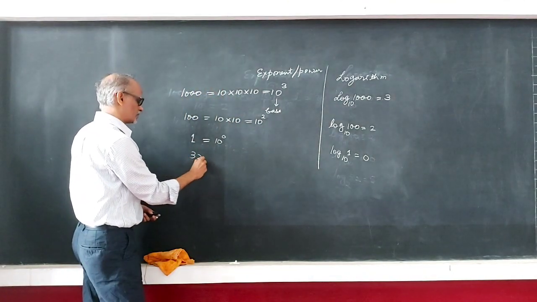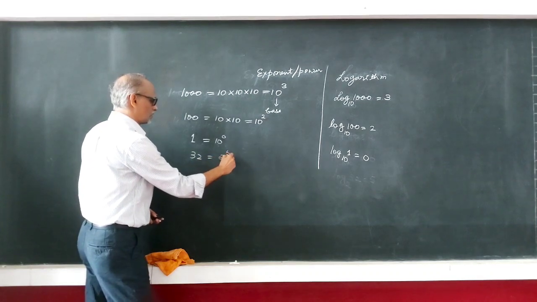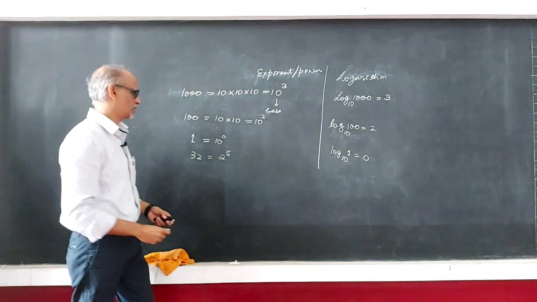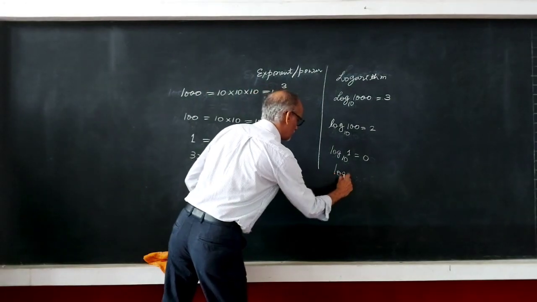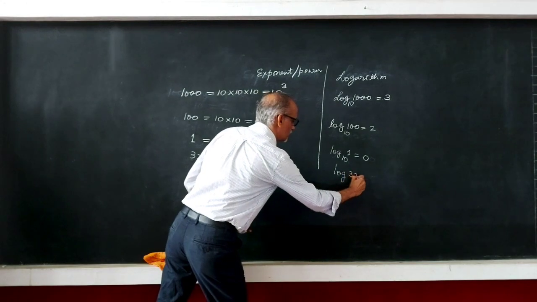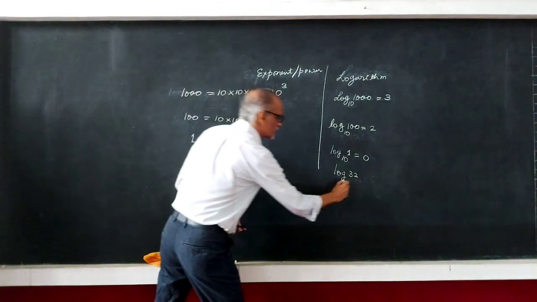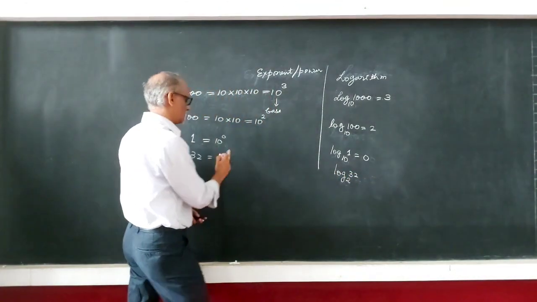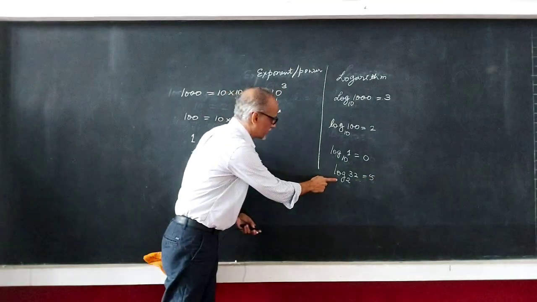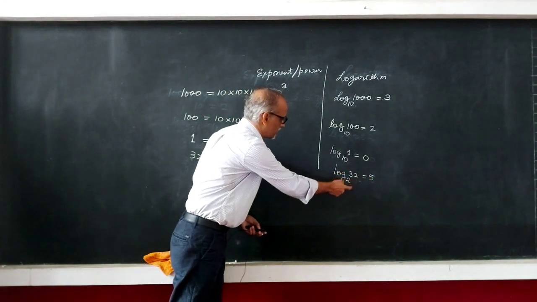Let me write 32, which is 2 to the power 5. Am I right? So log of 32 to the base 2 is equal to 5.